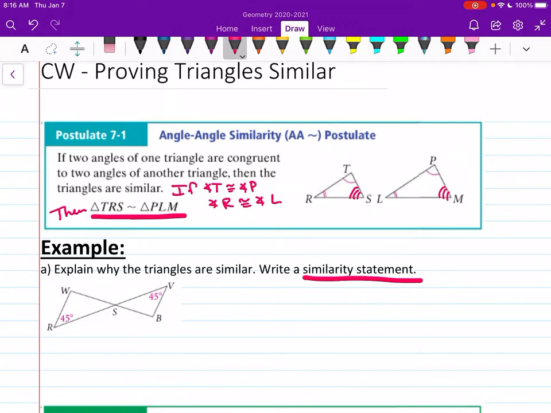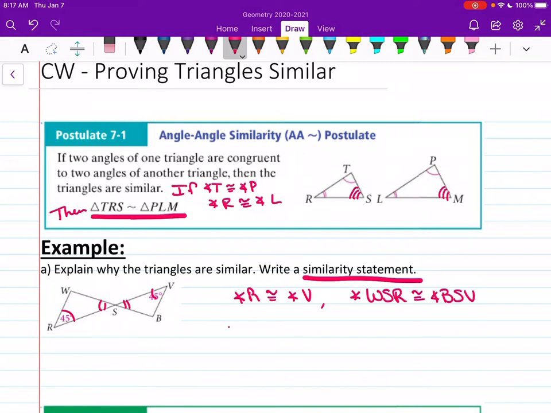So if I look here, we have one angle. So we have angle R is congruent to angle V, and we also have vertical angles. So we know angle WSR is congruent to angle BSV. So then I have angle-angle similarity.